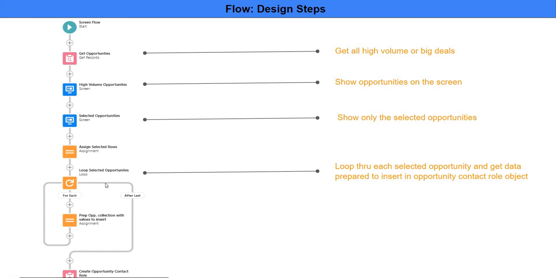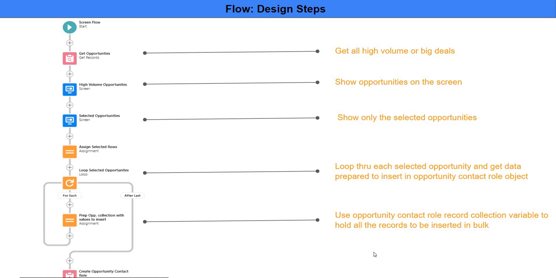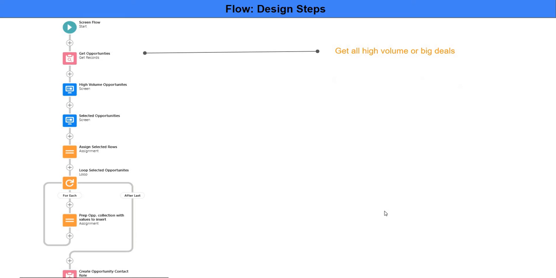Then we will use a loop element to loop through the opportunities selected by the user so that we can build the list of opportunity contact role records to be inserted after the loop. We will see that in action. So this is pretty much what we are planning to do throughout our design.